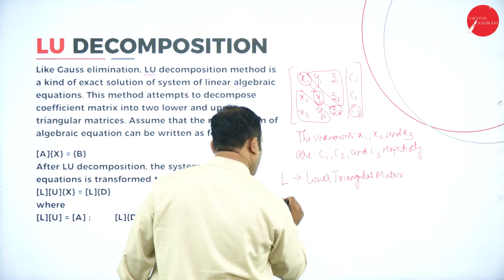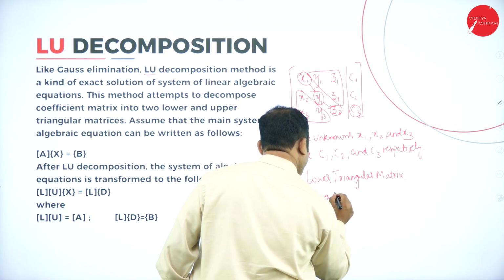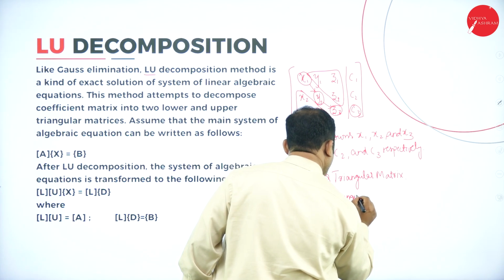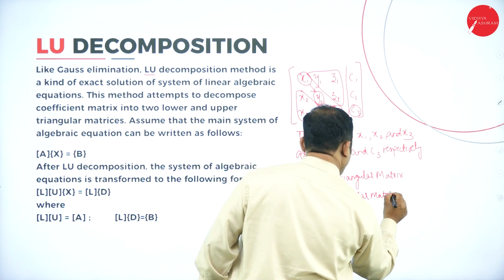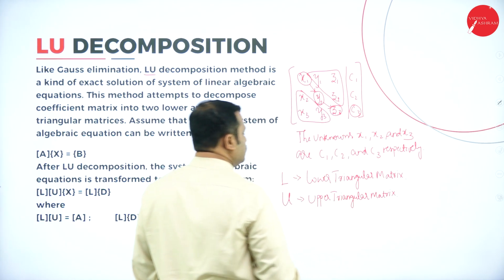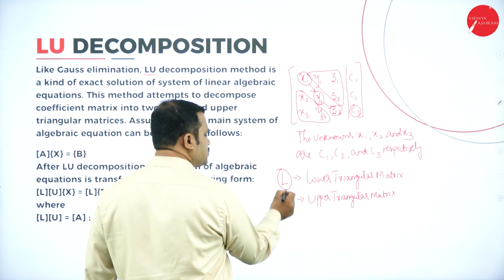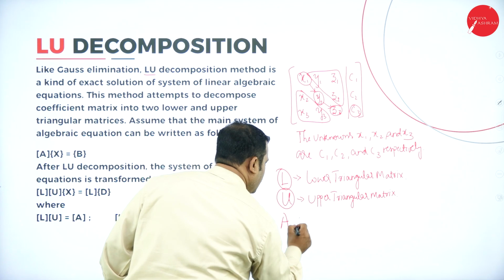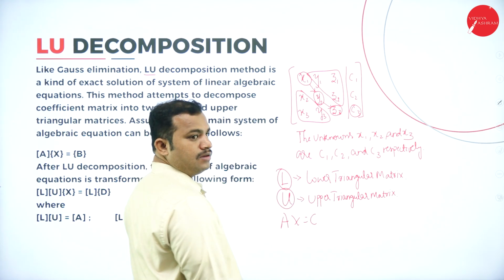U stands for upper triangular matrix. These lower triangular and upper triangular matrices together are formed in place of A into X equal to C.